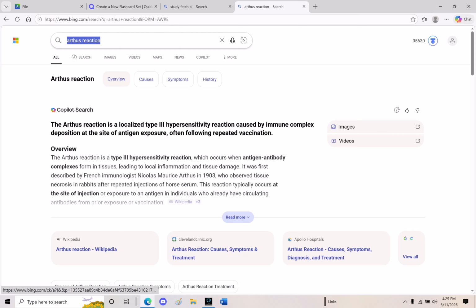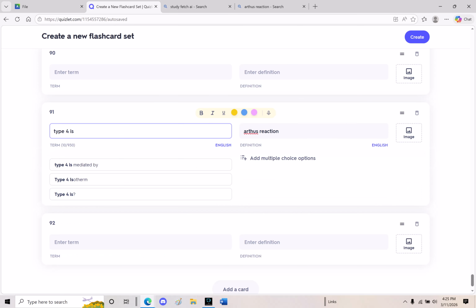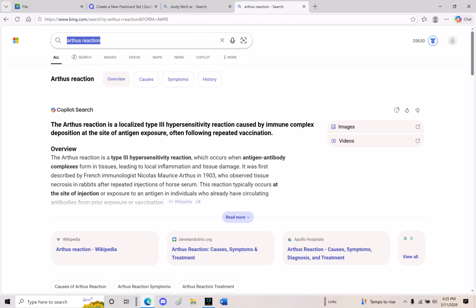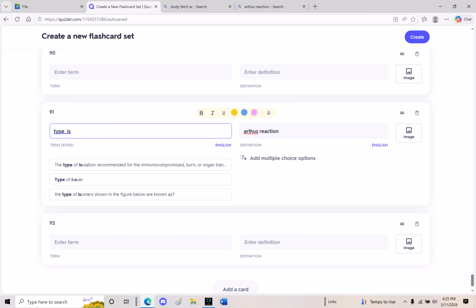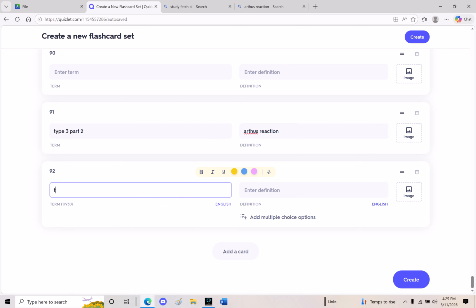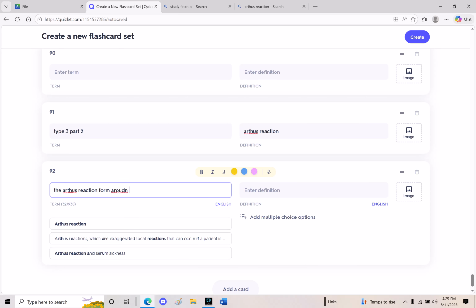So, immediately upon this antigen entering my body, the antibody binds to it and forms a complex. That immune complex then deposits around the site of my injection. Now, I will see edema, hemorrhage, ulceration, anything of that nature.